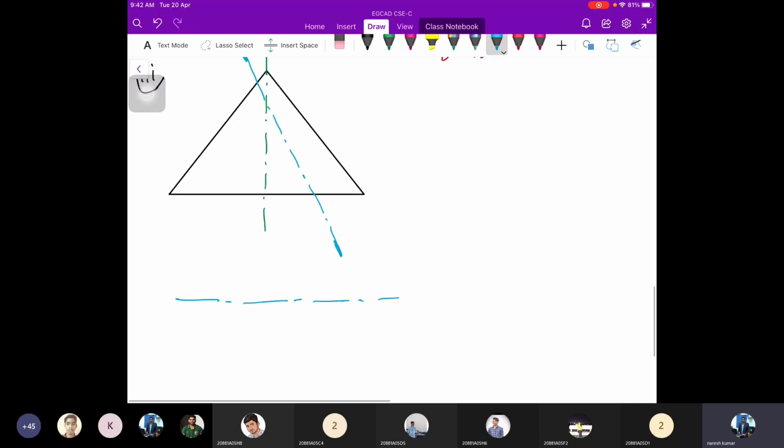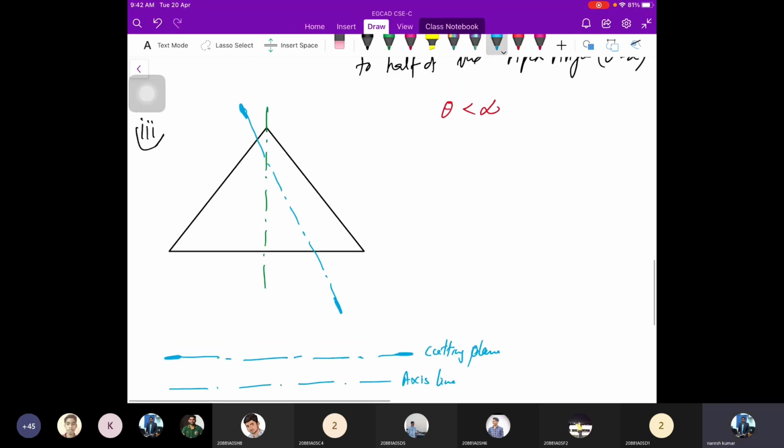Suppose you use the axis line as line followed by dot, line followed by dot. This is the axis line, and this is the cutting plane line. So make sure you differentiate them.